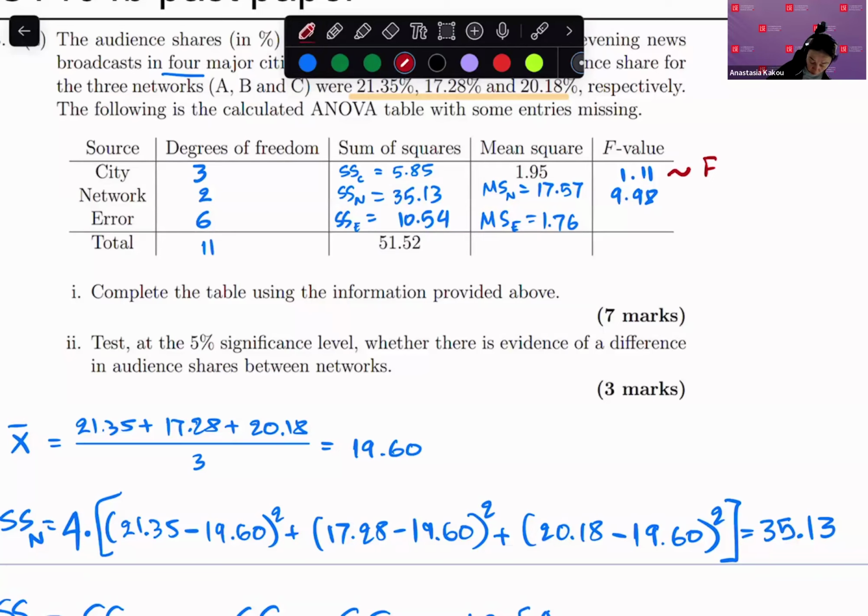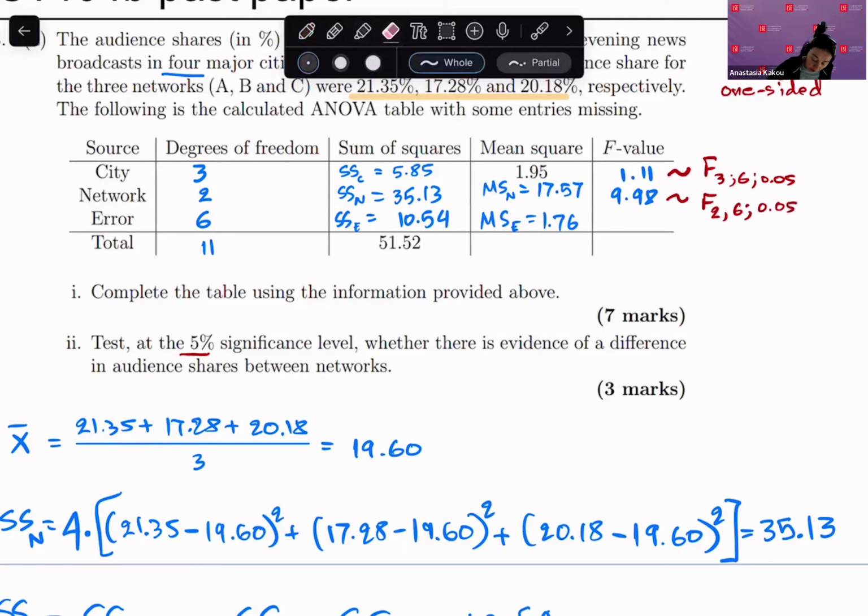The sampling distribution of those uses the degrees of freedom. The first degree of freedom will be the corresponding grouping, so that will be the city, and the second is always the error. The question was about a 5% significance level. Now, this type of test is always a one-sided test, so we keep the significance level without splitting it, and that will be an F distribution with degrees 2, 6, and again 0.05.